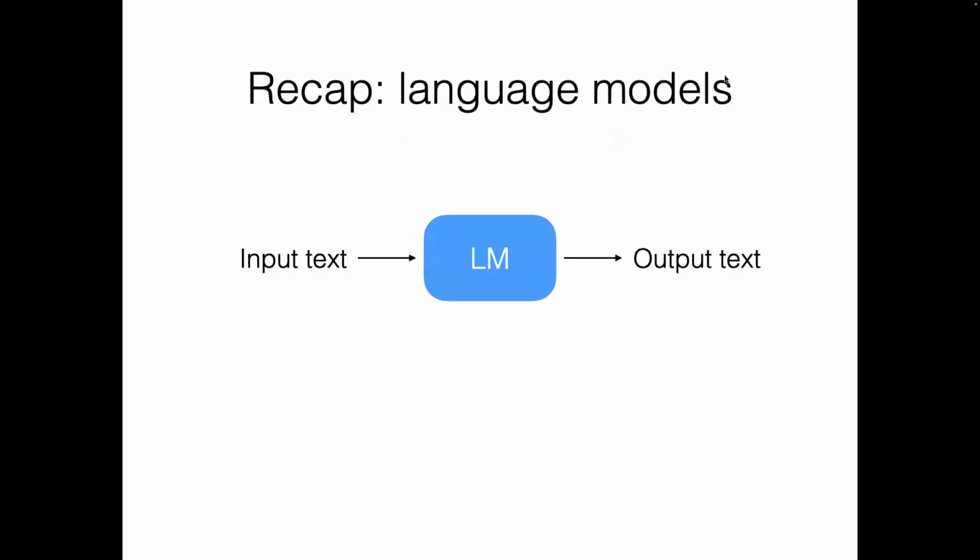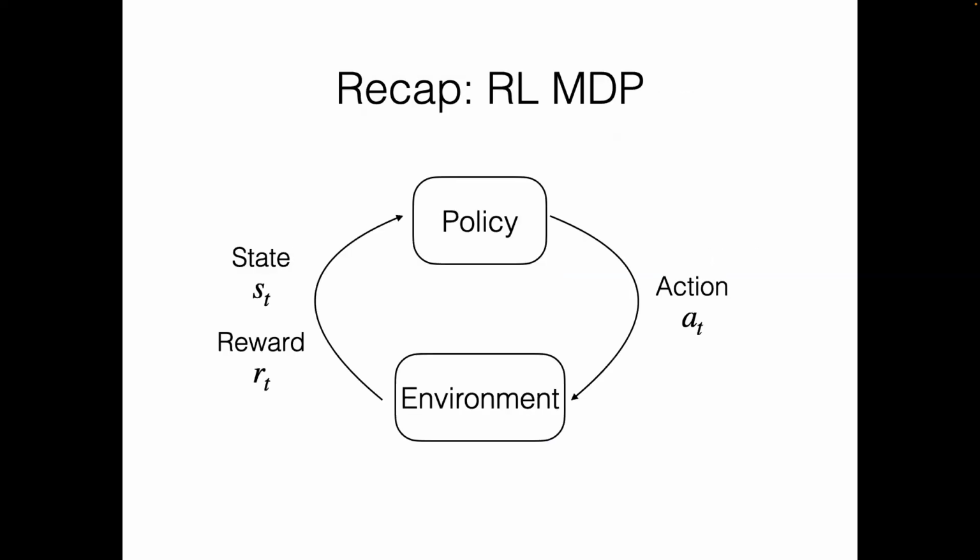So if we recap what we talked about at a very high level, then we can think of these language models coupled with some inference strategy as being a system that takes in some input text and gives us some output text. And if you think back a couple lectures to when we talked about reinforcement learning, I wanted to just recap the reinforcement learning setting, which was called an MDP, or Markov decision process.